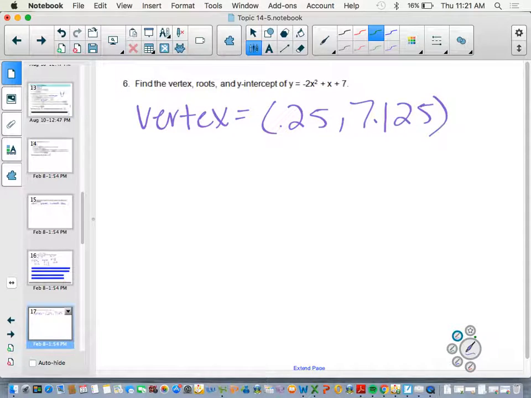You can round the 0.25, but you need to leave the other at 7.125, three decimal places. Now, for our roots, you're going to go second, trace 5, and find both of them. They're not going to be nice numbers. Make sure you have Y1 and Y2 or it's not going to work.